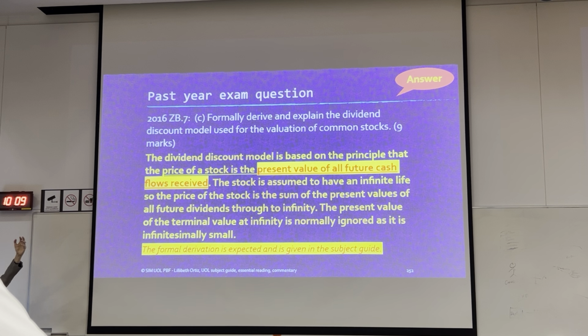A cash flow at 100 years is tiny, so you just ignore that and say that the value of a stock is the present value of all its dividends. You're not really ignoring the final price of the stock, you're just assuming it's close to zero by then, since it's so far in the future.